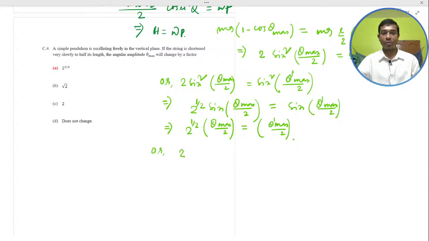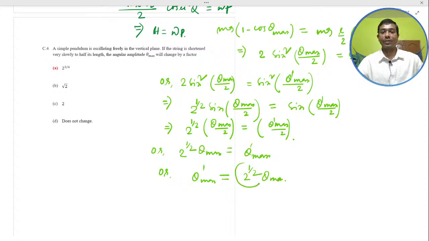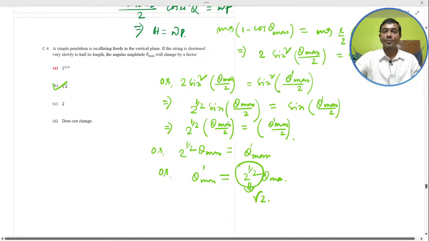Or 2 to the power half theta max is equal to theta max dash. So the factor is 2 to the power half, that means root 2. B would be the correct answer, root 2.